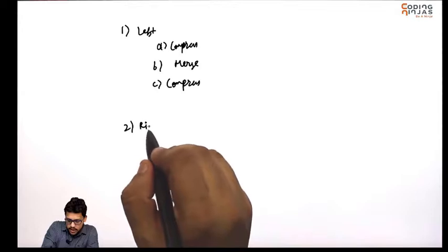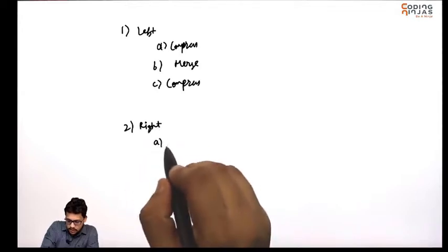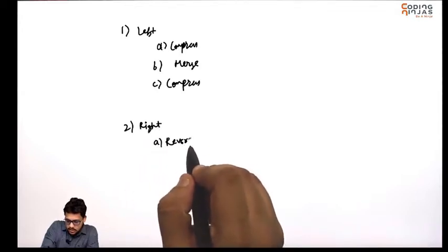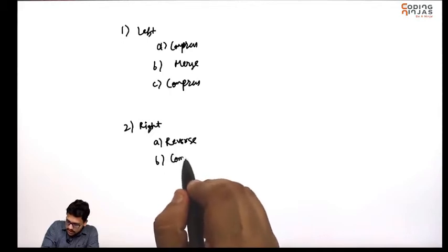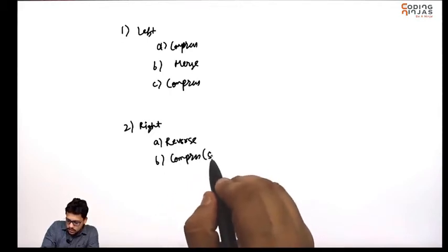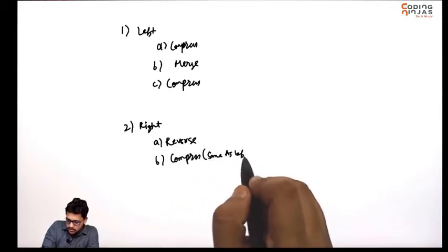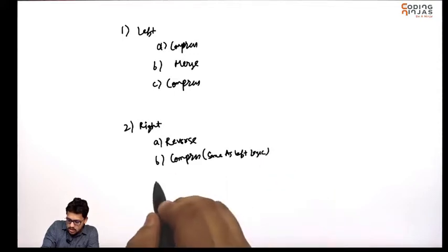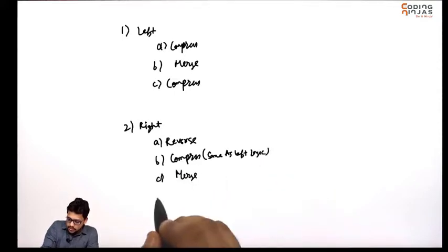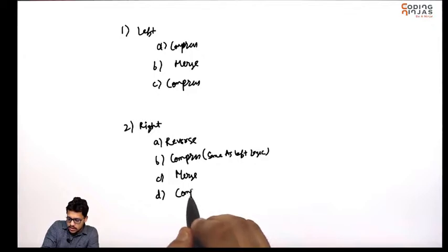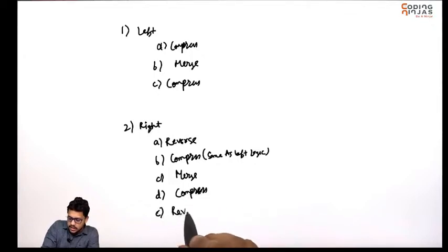What is happening in case of right move is, first we reverse, then we compress, same as left logic. Then we again merge, then we again compress, and in the last we just reverse the matrix again.